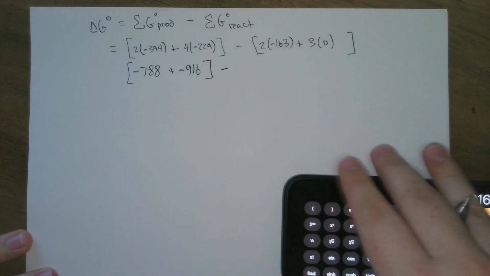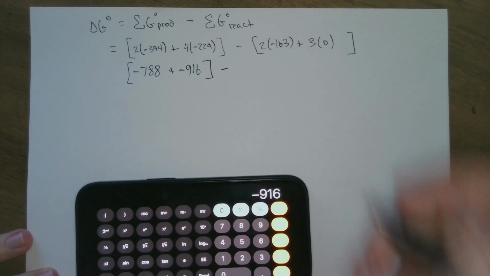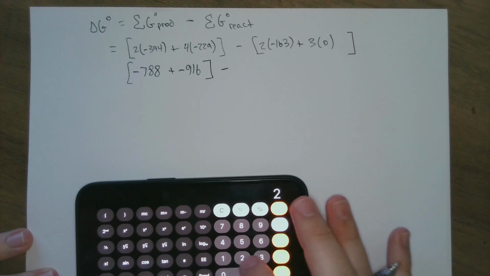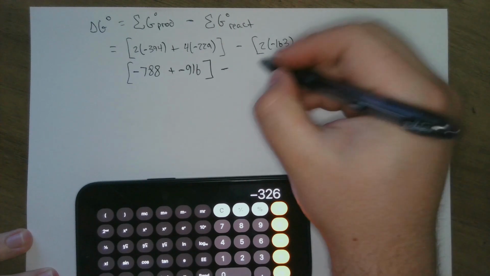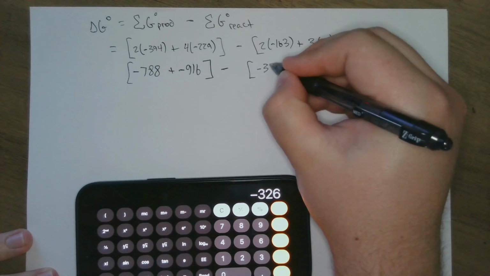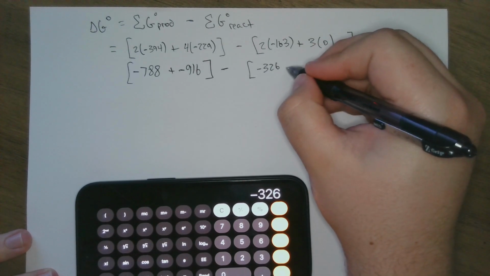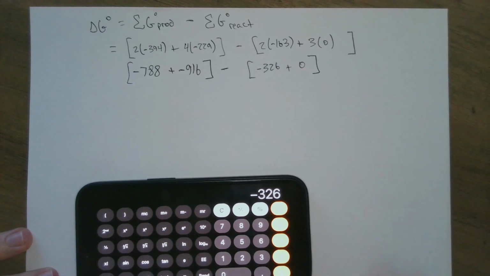Minus 2 times negative 163. The easiest place to go wrong in these problems is putting it into your calculator and messing up a sign. So just be careful when you do it. Hope I'm not making any mistakes as I'm saying that.